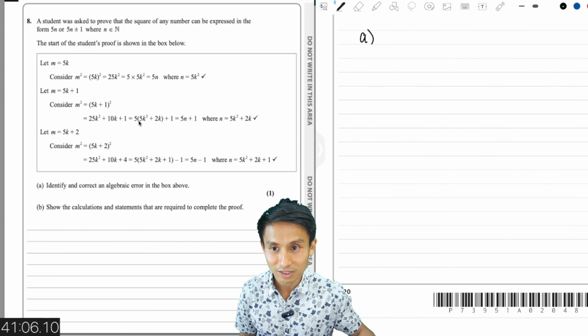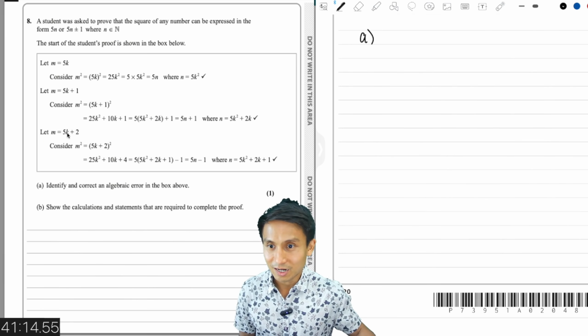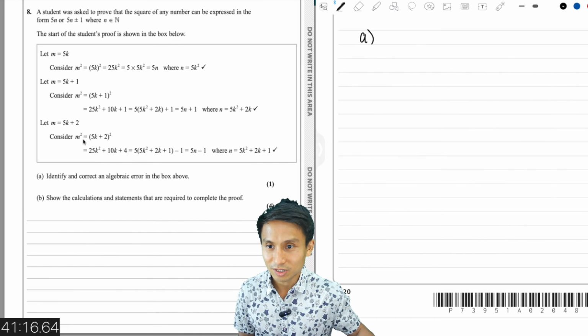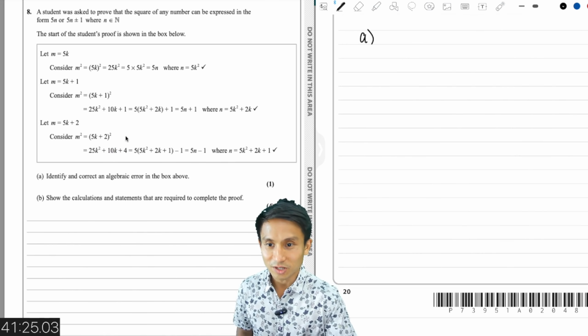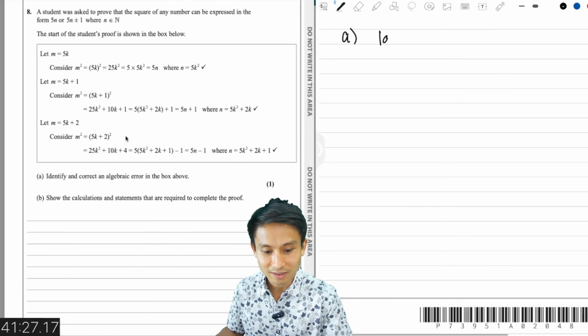Pulling 5 out here, we get that, plus 1, where n is that. Doesn't seem to be any error there. Let m be 5k plus 2, then m squared would be 5k, so this is 2 times that. The 10k here, that is wrong. Okay, so the error is the last line.